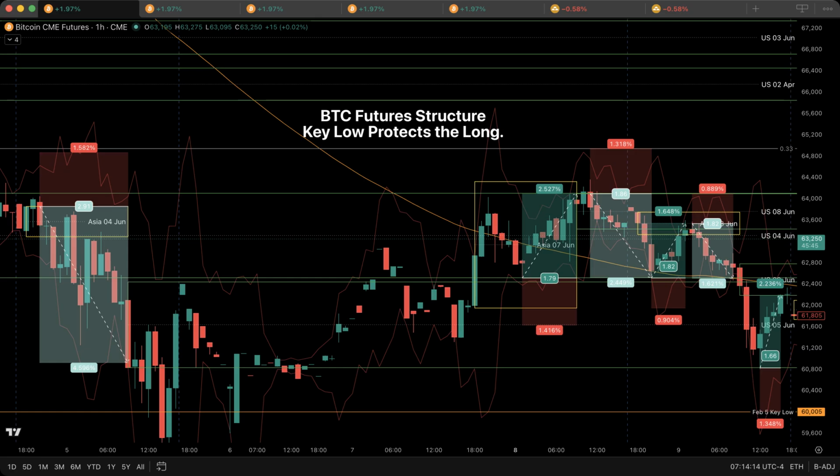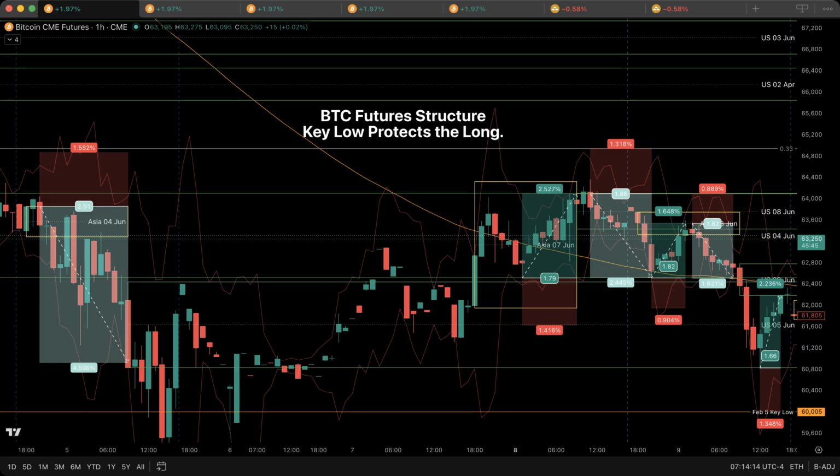The stop sits at February 5th key low. That stop is important. The February 5th key low is not just another line. It is a major higher time frame memory. The weekly map already marked it. The market already reacted around it. If price loses that key low, the long is damaged at a larger level. The bounce is no longer only a 1-hour problem.